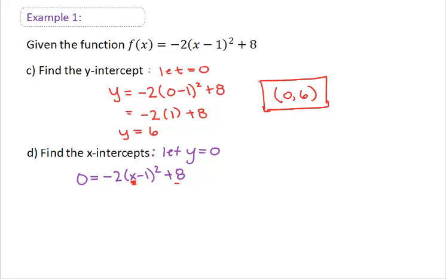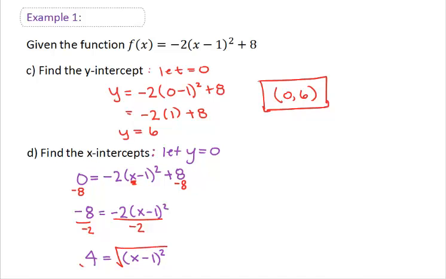So let me move my 8 to the opposite side by subtracting 8. That gives me -8 is equal to -2 times (x minus 1) squared. Get rid of your -2 by dividing by it. That gives me 4 is equal to (x minus 1) squared. To get rid of the square, you take the square root.